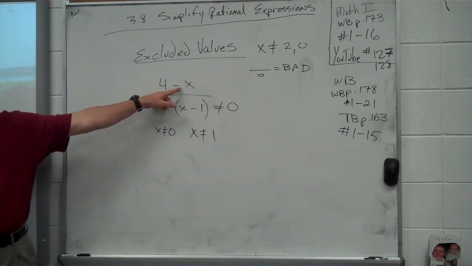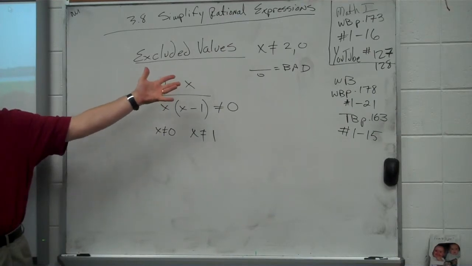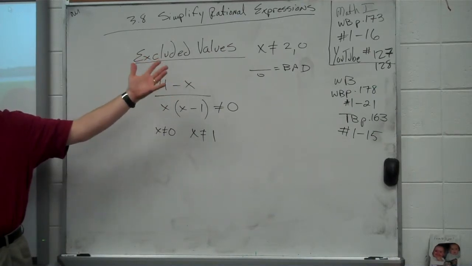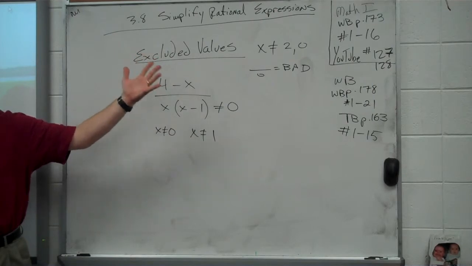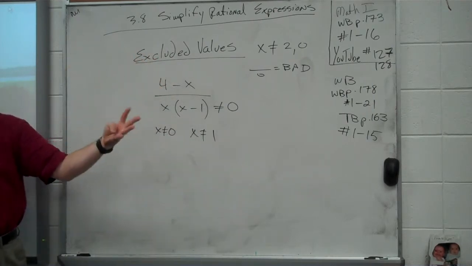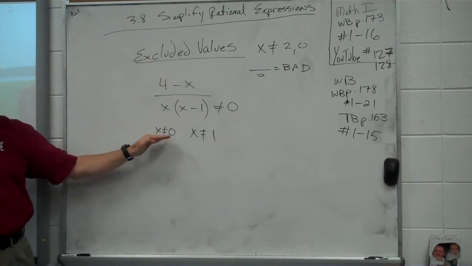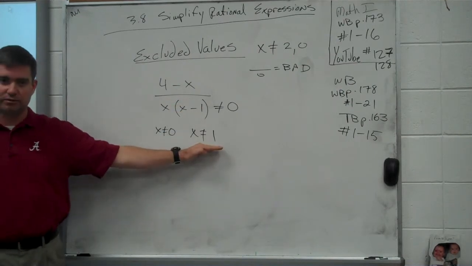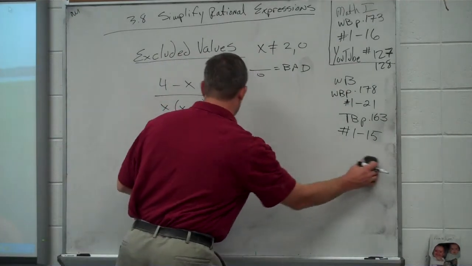How about positive 4? Is that an okay value? Yes. You sure about that? It can be 0 on top. Every day, all day long, it can be 0 on the top. 4 is okay. But 0's not okay, and 1's not okay.